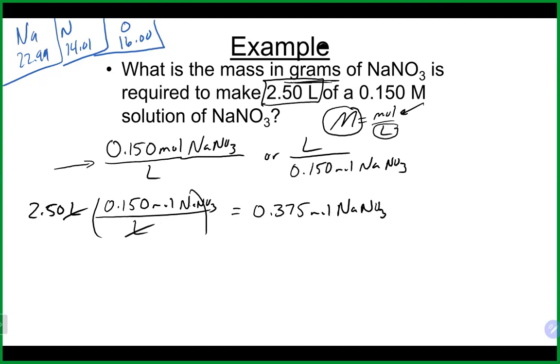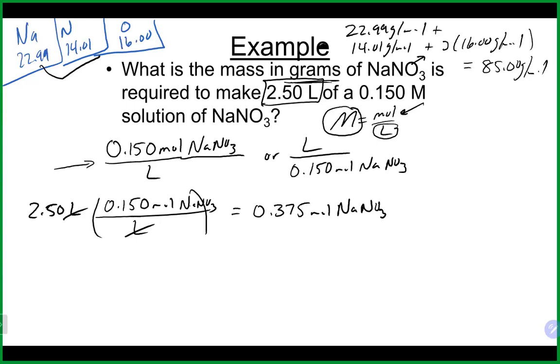At this point, it's just a conversion now between moles to grams. So we'll come up here to our periodic table, and we have 1 sodium at 22.99. We got 1 nitrogen at 14.01, and we got 3 oxygens at 16 here. And that gives us a molar mass for that guy of 85, it looks like.